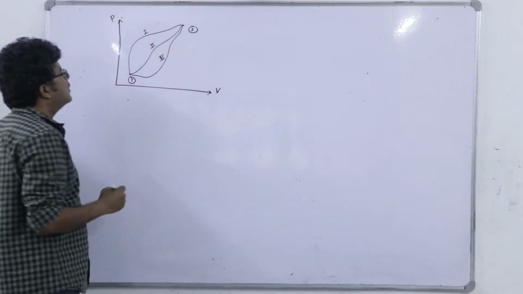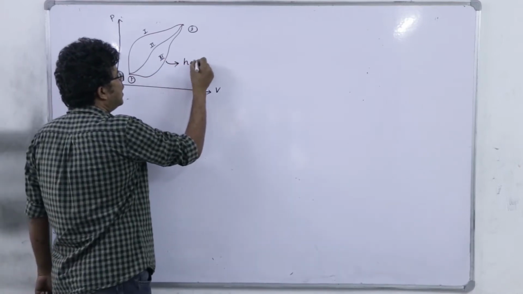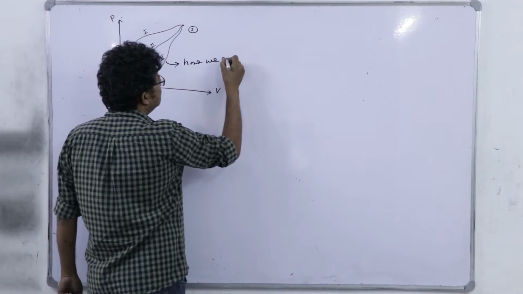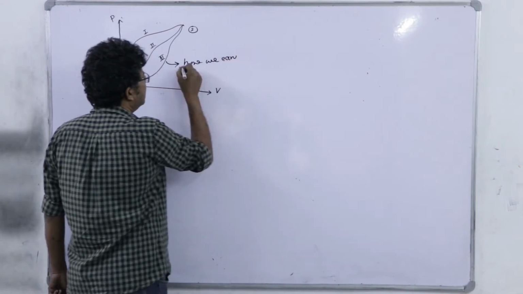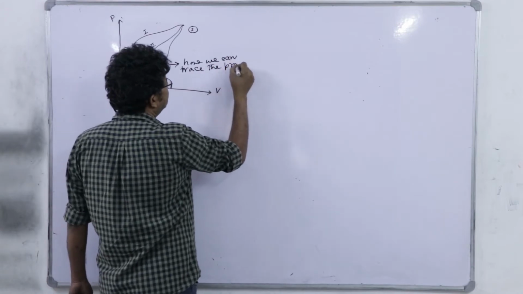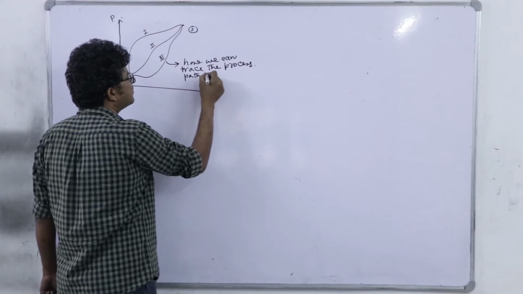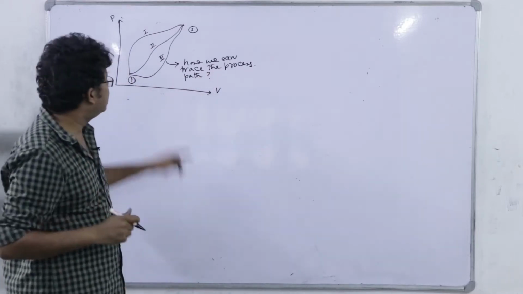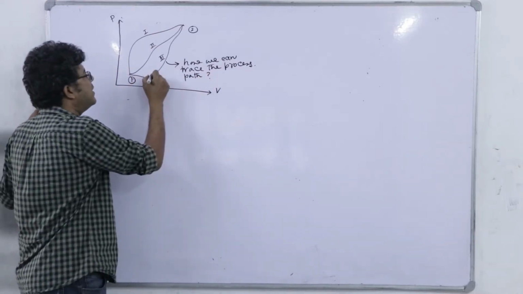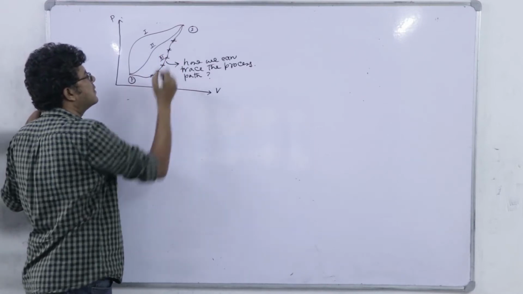Right. Now, the question is how we can trace the path, or trace the process path. Definitely, we have to take measurements at different points, right.